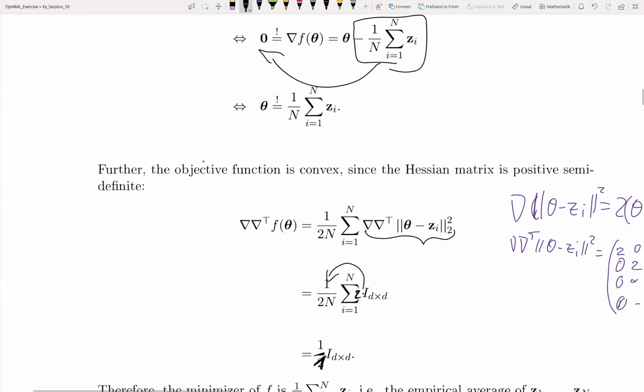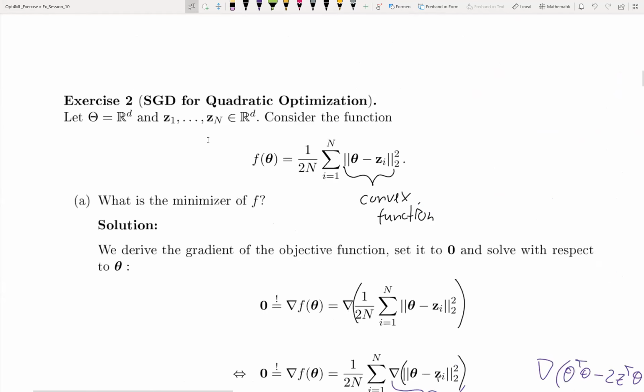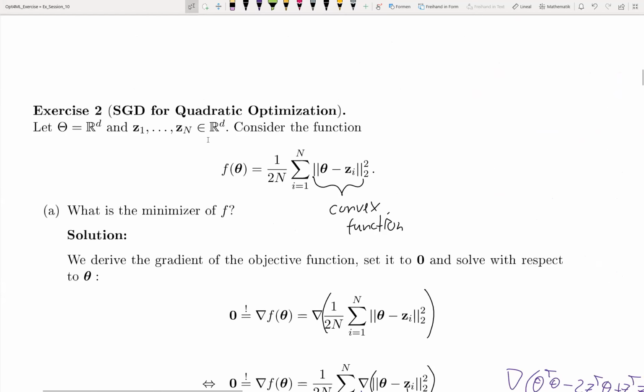So this thing here, the empirical average, is a minimizer of the function, which makes sense because the objective function is the squared Euclidean distance from all these points, and the point which is minimizing this distance is the empirical mean of the data points.